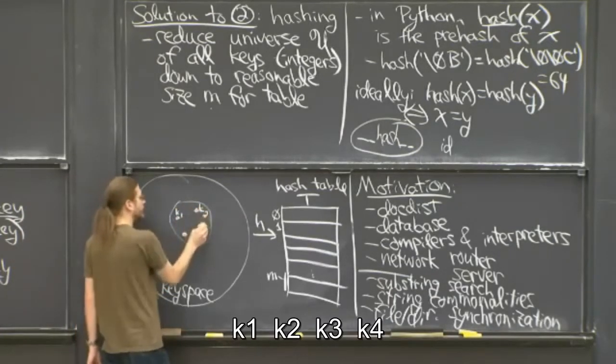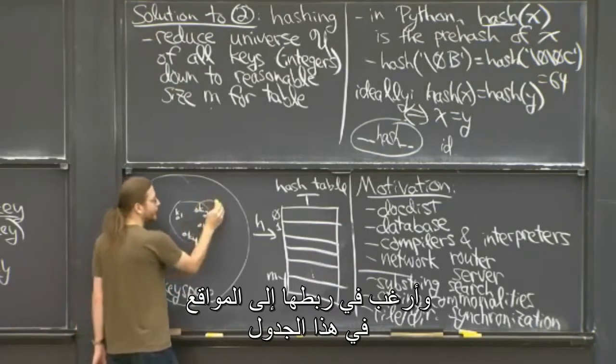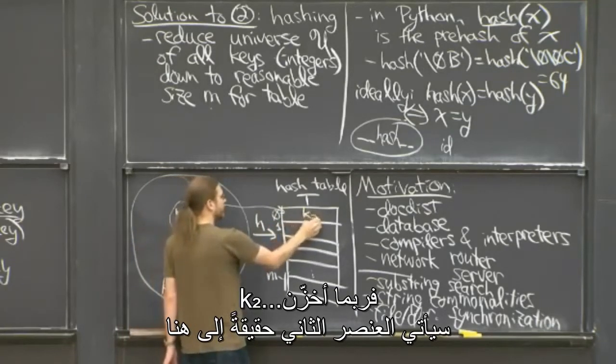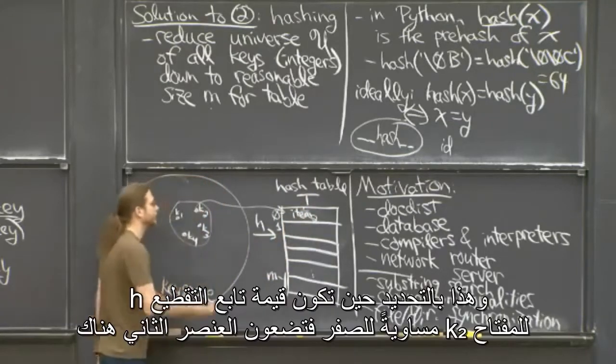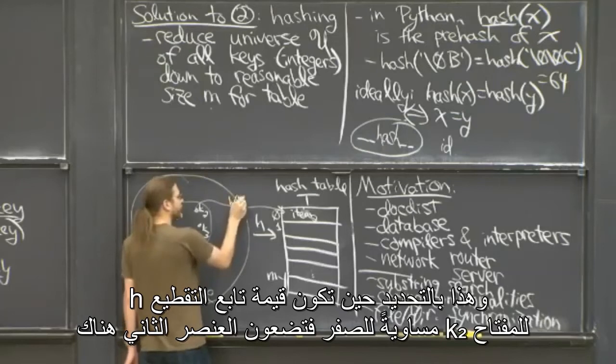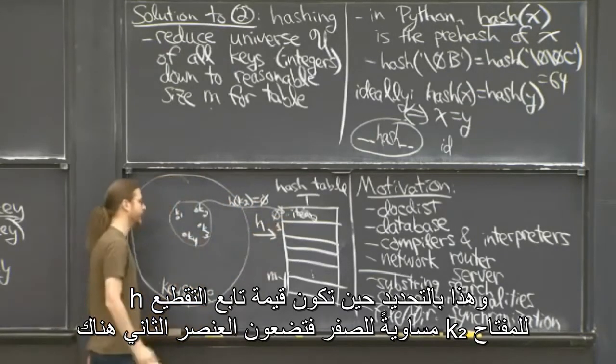K1, K2, K3, K4. I'd like to map them to positions in this table. So maybe item 2 would go here. In particular, if h of K2 equals 0, then you'd put item 2 there.